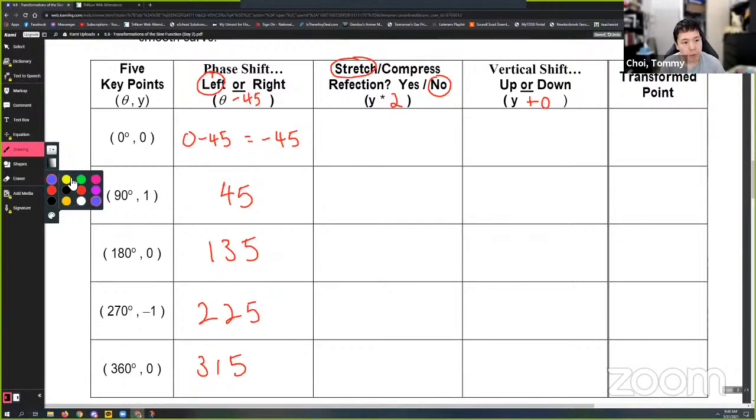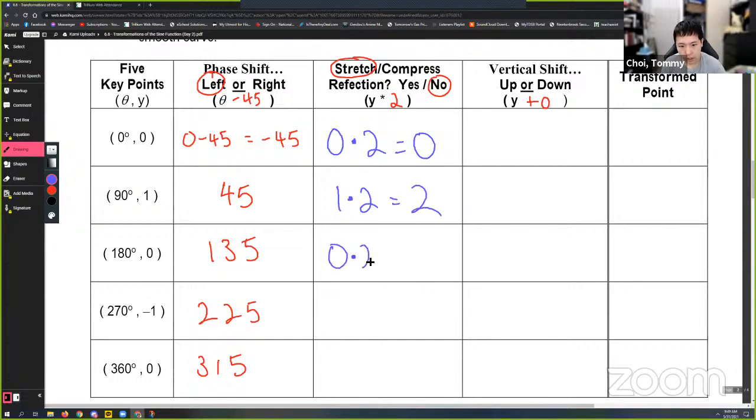For the stretch and compression, we do 0 times 2, which is equal to 0. 1 times 2 is 2. 0 times 2 is 0. Negative 1 times 2 is negative 2. And then 0 times 2 is 0. Nothing happens with the vertical shift because it's plus 0, so it doesn't matter.